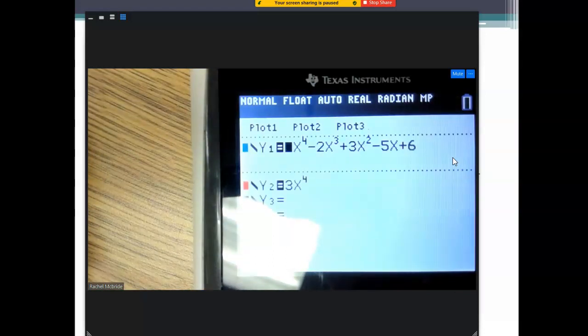Okay. So what you'll notice is initially there's a pretty decent gap between them. They don't look alike. But then as you zoom out and out and out, so let's say my x's go negative 20 to 20. We'll say my y's go negative 5.